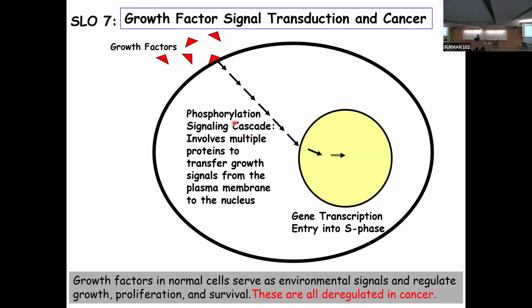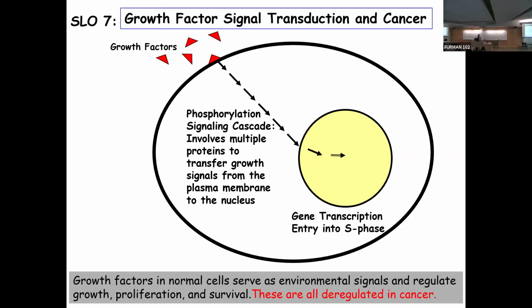But phosphorylation is one of the major key modifications that happens during signal transduction, where eventually a signaling cascade from extracellular signals gets transduced intracellularly towards the nucleus, with the ultimate goal of allowing transcription of genes, helping produce more cells into the cell cycle, genes involved in cell cycle progression, and helping in cellular transformation. Okay, so this is absolutely a big picture, if you would like to say.